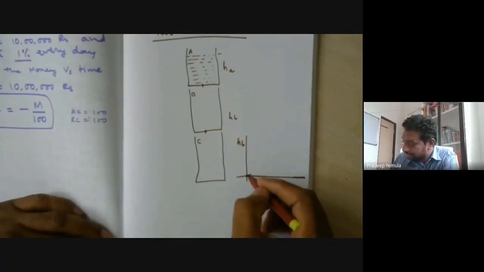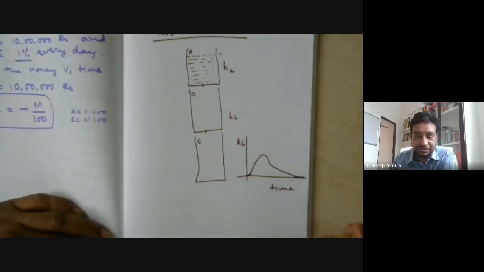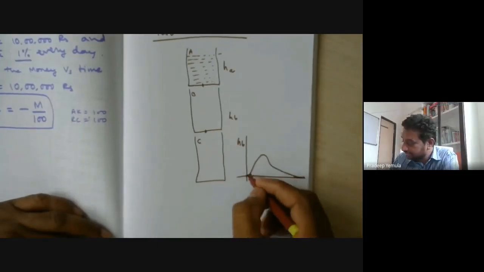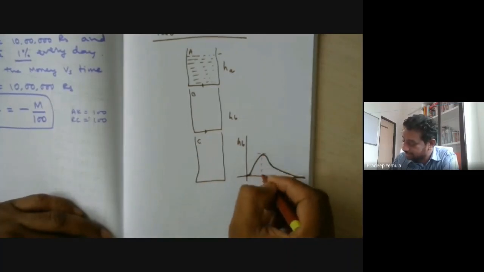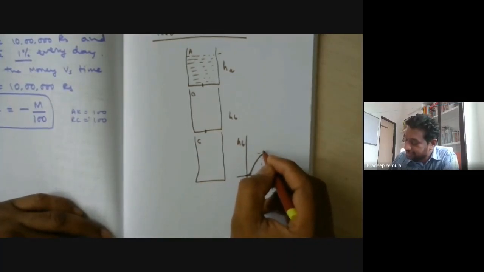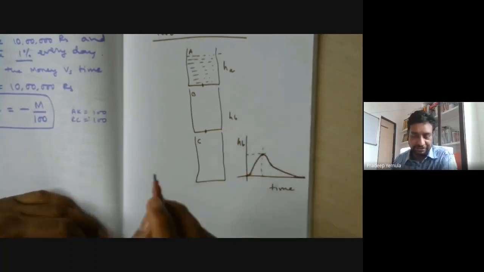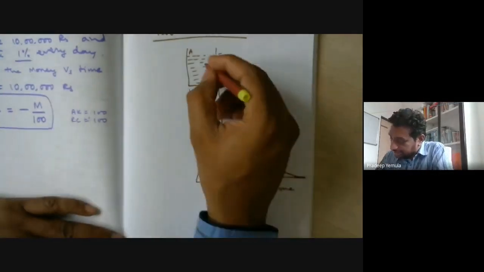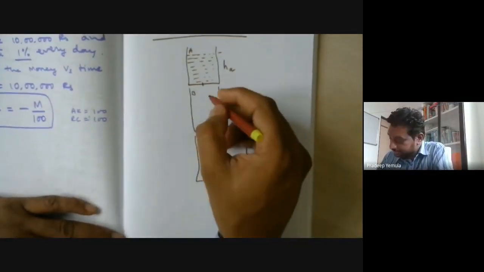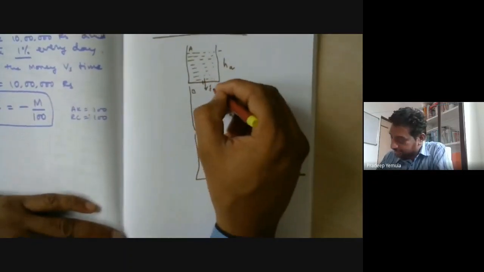But in between, it reaches a maximum value and then slowly it goes down. So this is the kind of pattern we are looking for. It reaches some max value, and then it starts reducing. So why is it like that? See, from A to B, there is a flow of water. Let's call it FAB.